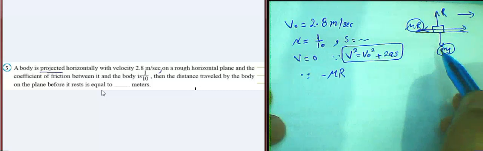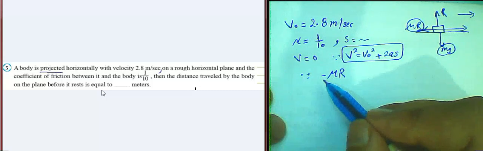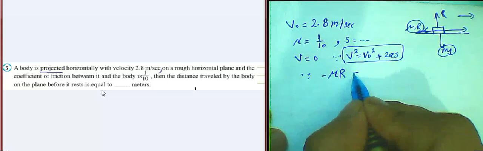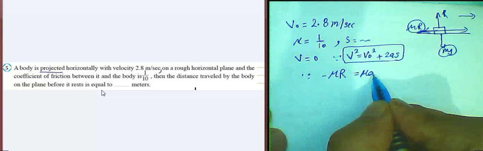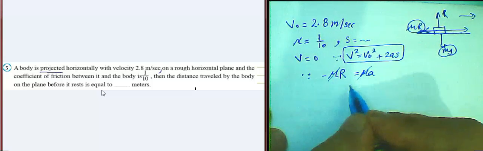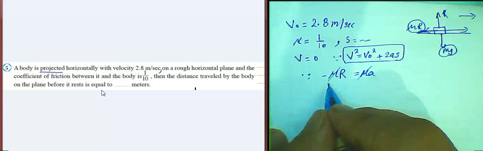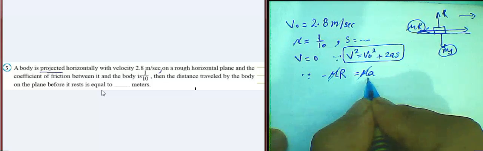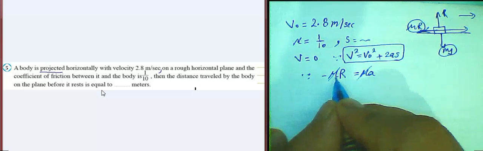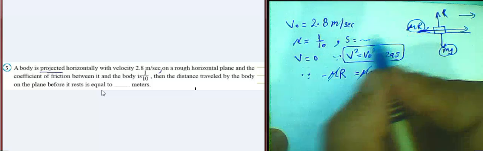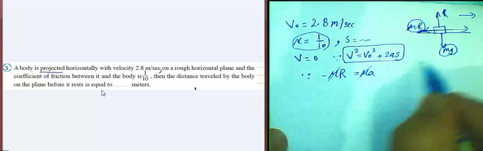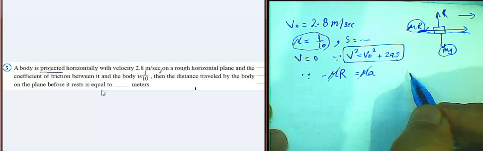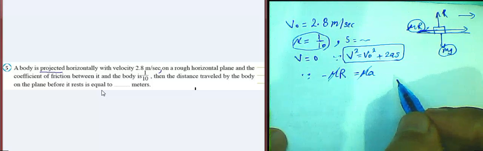We have no other force here, then negative mu R equals ma from Newton. So we can cancel m with m. Here mu equals 1 over 10, and m is the weight of the body.